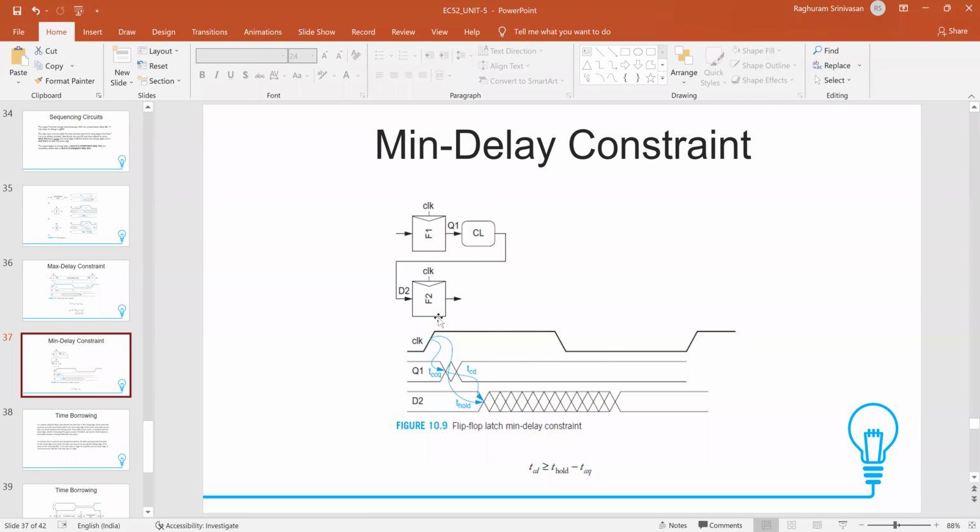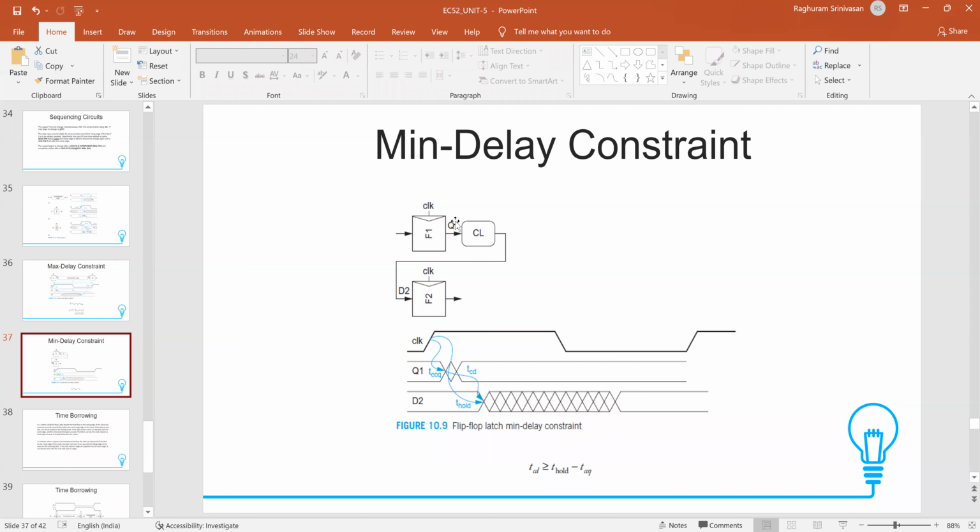The clock edge comes, okay, and after some time, the contamination delay happens and Q1 begins to change, and that change in Q1 is going to affect the output of the combinational block, because Q1 has begun to change. After some amount of time, that is the contamination propagation delay of, wait one second, both are contamination delays in this case.